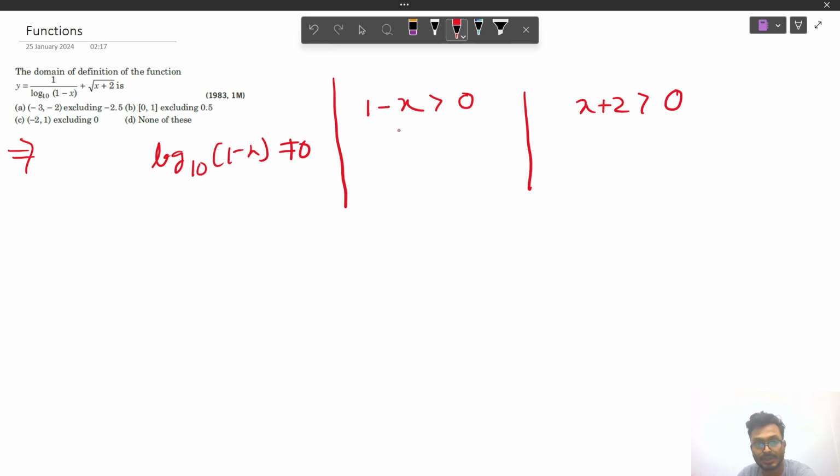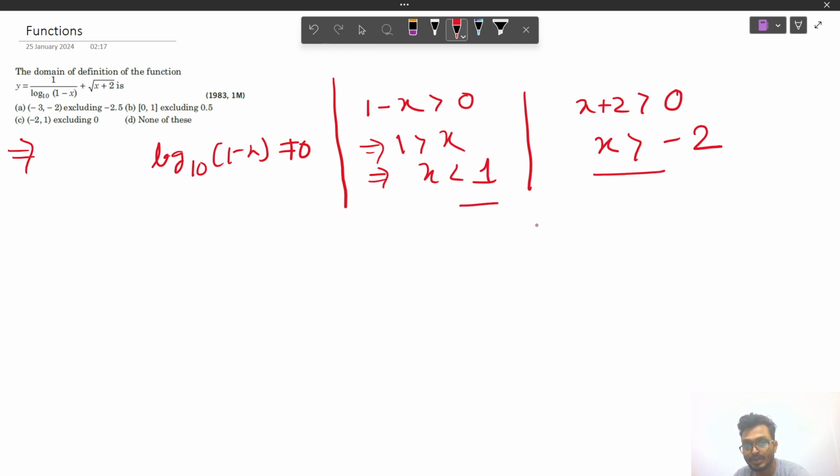So first of all, we take this. For this we get 1 greater than x, that means we can write it as x less than 1, and for this we can write x greater than minus 2. If we take the intersection of these two regions, x belongs to (minus 2, 1).